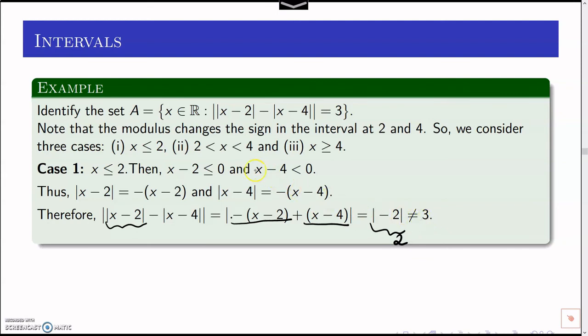That means any number less than or equal to 2 will not satisfy this equation. So none of the numbers less than or equal to 2 will come in this set A. Is it clear?